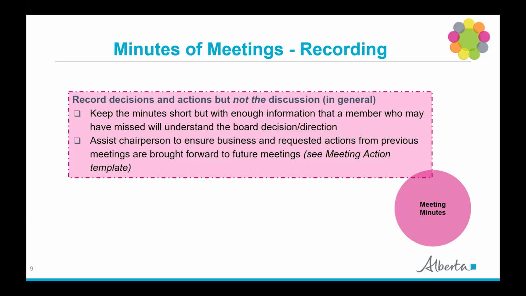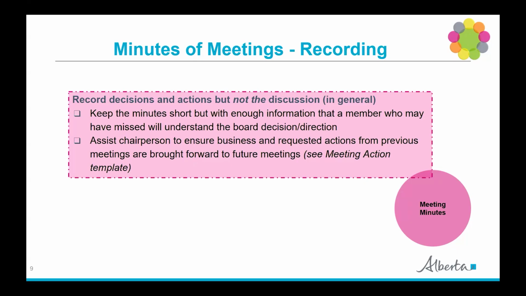The board secretary may want to look at previous meeting minutes to determine whether more detail is needed, or if there's room to summarize the minutes to make it easier for board members to understand not only the decision, but also how the decision was made. A good test is to talk to a board member who missed the meeting to find out if they were able to understand the decision and why that decision was made just by reading the minutes.